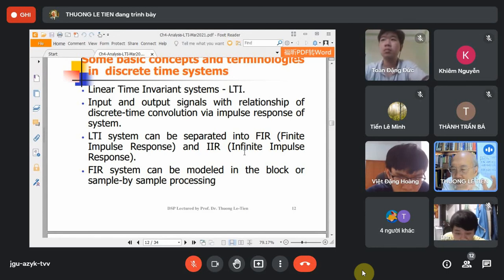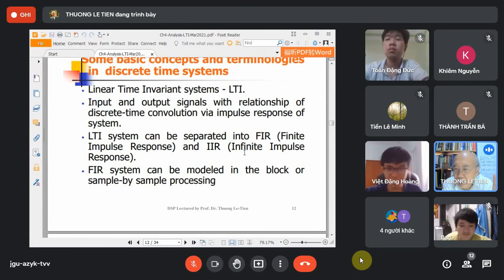That means the impulse response has a limited number of samples, whereas the infinite impulse response has an infinite number of samples, or the length of the impulse response in FIR is limited, but the length of the IIR system is unlimited.